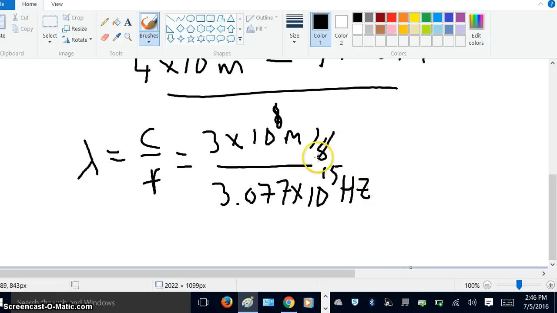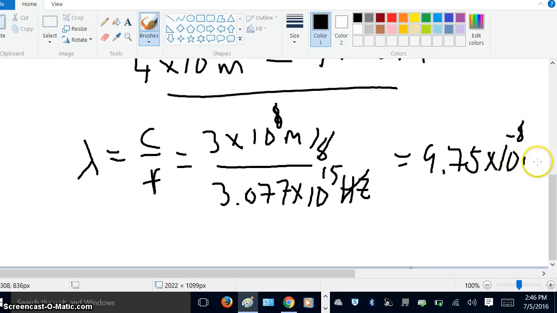The 1 over seconds and the hertz cancel, giving us an answer in meters, and that is 9.75 times 10 to the minus 8th meters.